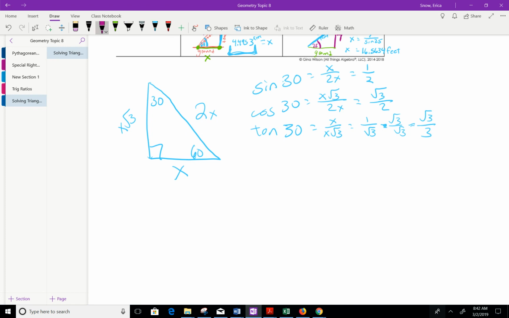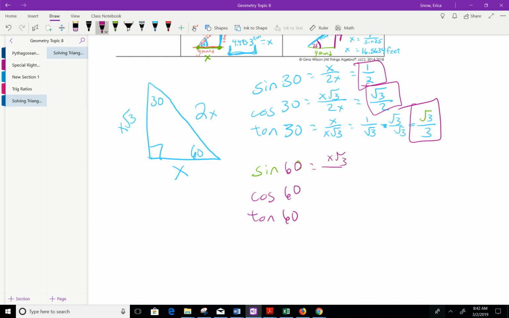So these values here are consistent no matter how big or small that 30, 60, 90 triangle is. And also, it works the same way for the 60-degree angle. So sine of 60, cosine of 60, tangent of 60. Sine of 60 is x root 3 over 2x, which is going to just be square root 3 over 2.